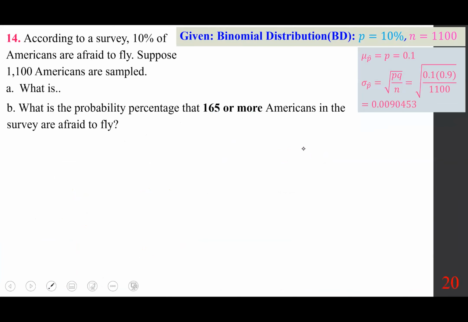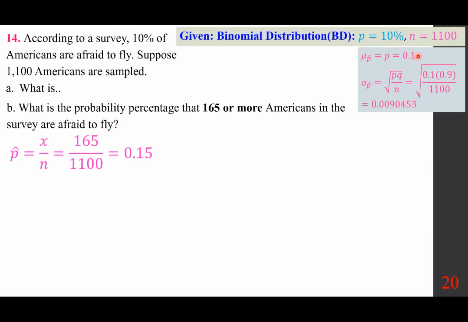We are looking at the same question, part B. What is the probability percentage that 165 or more Americans in the survey are afraid to fly? Okay. So P hat is X over N, 165 over 1,100. Therefore, P equals 10%, N equals 1,100.